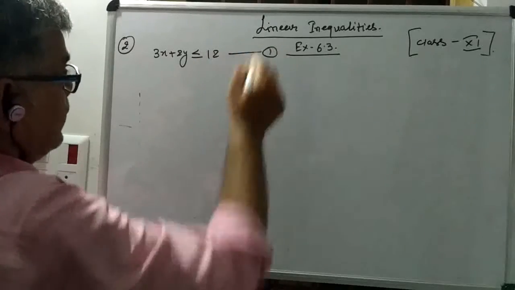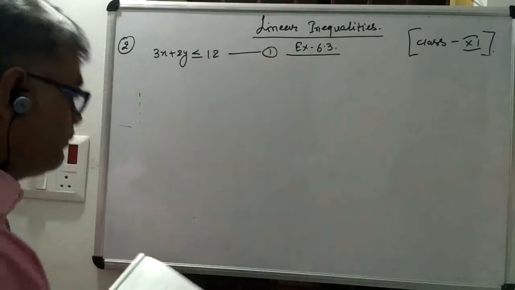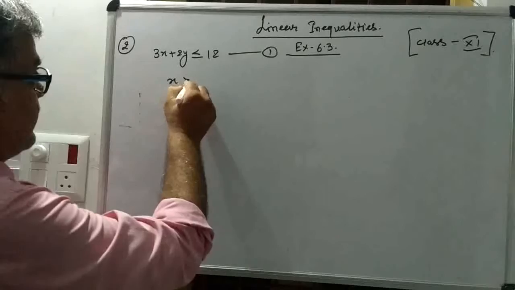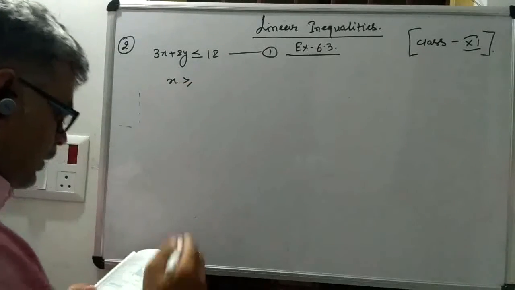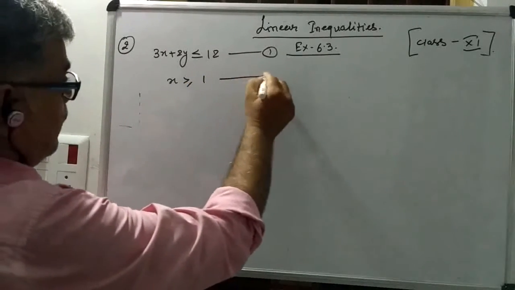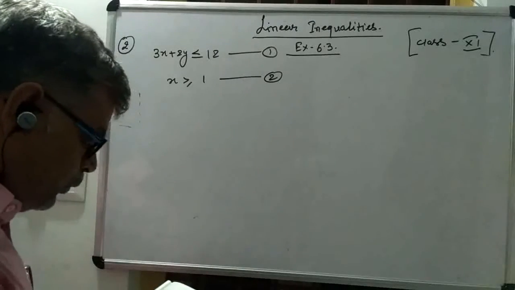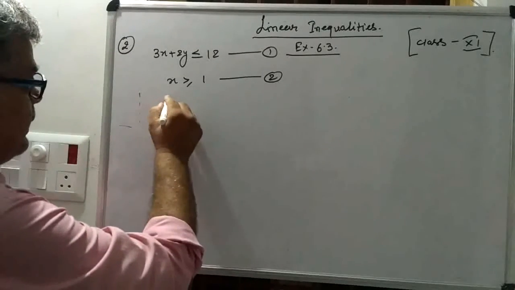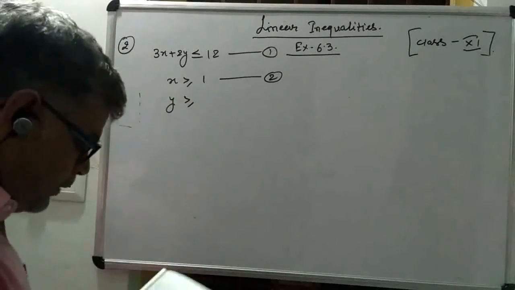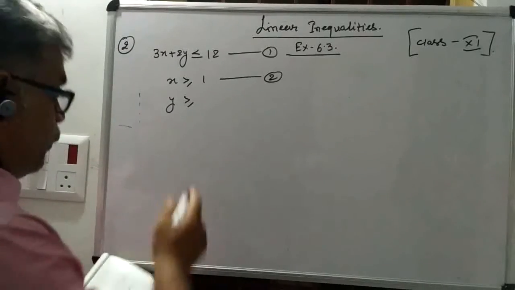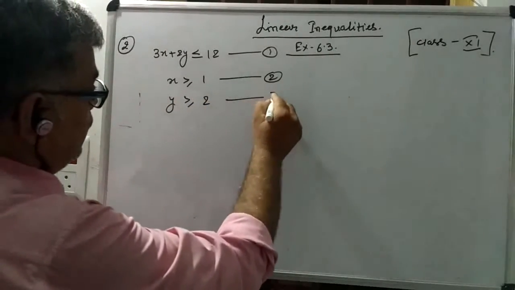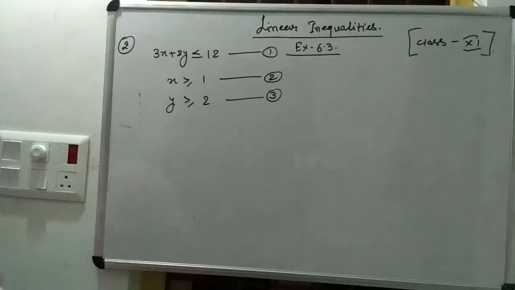This is your inequality number 1. Second is x is greater than or equal to 1. Suppose this is inequality number 2. And third is y is greater than or equal to 2. So this is your inequality number 3.